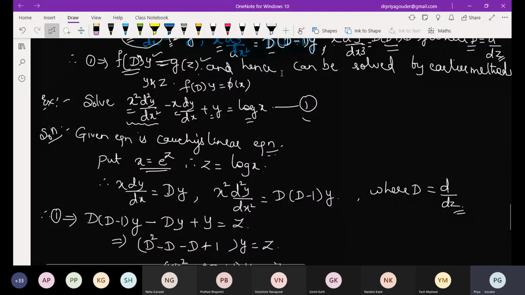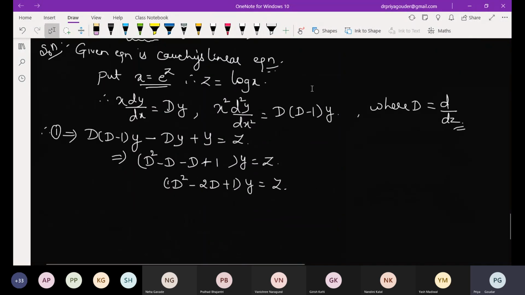Got the thing? So how could we do it? By this substitution. Now tell me how to find the answer, how to get the general solution. The general solution depends on CF and PI. Why both? Because it is non-homogeneous. First we'll find CF. To find CF, what do we write?